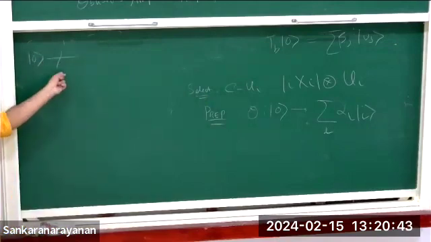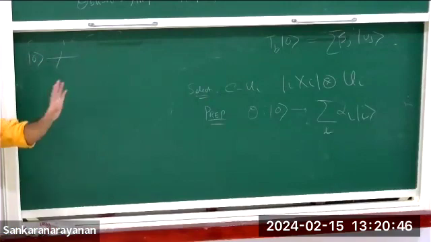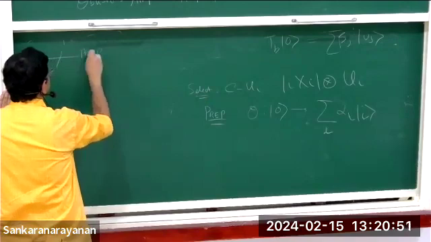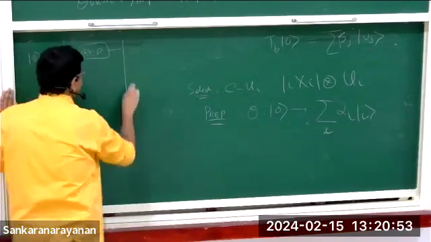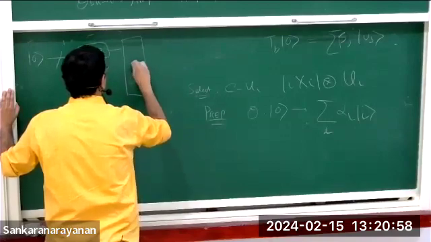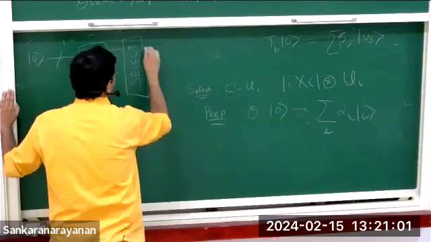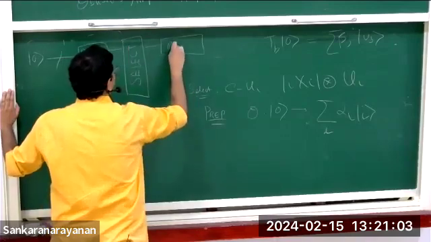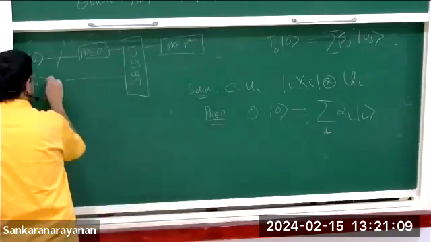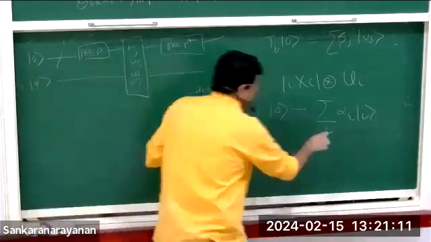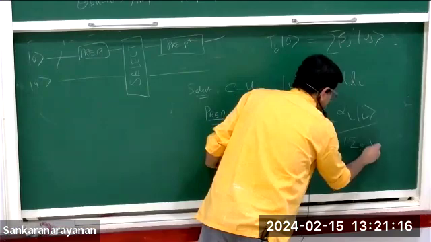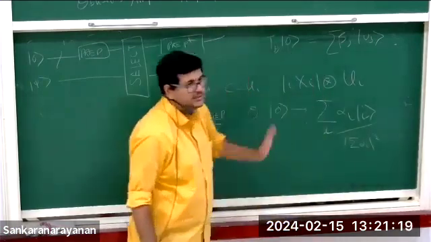By the way, everyone knows what this means, right? Instead of one qubit, I am assuming many qubits. I'm assuming that the state is normalized, like the summation of alpha_i squared equals one.